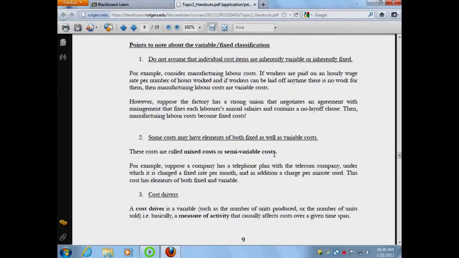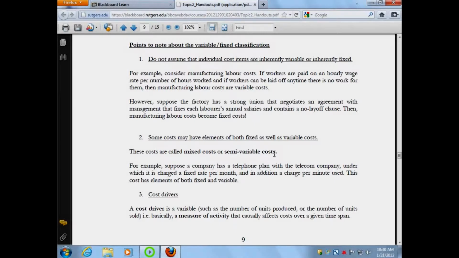Now, how about between 1,500 to whatever the upper limit is? Again, it's variable. It continues to be variable, but is it an identical variable cost to what we have here? No, it's variable, but it has a different variable behavior, right? It's variable at the rate of, let's say, $2 per minute. That's what we decided, right?